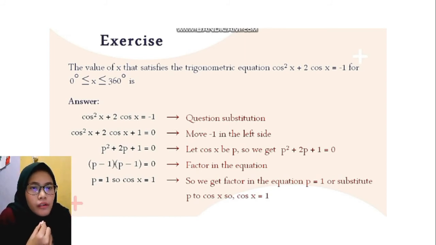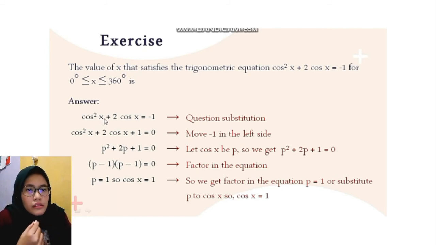Answer: cos squared x plus 2 cos x equals minus 1. So cos squared x plus 2 cos x plus 1 equals 0.